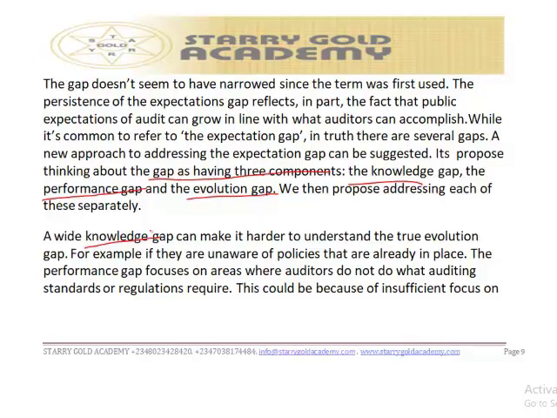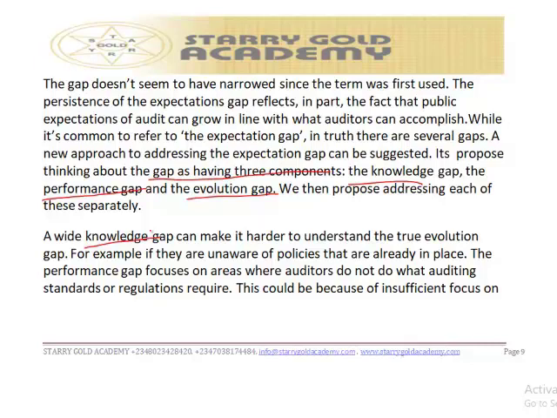Now, a performance gap actually focuses on areas where auditors do not do what the auditing standard or regulation requires. And this usually leads to auditors' liability in most cases, because these particular standards or regulations have told the auditor to do this, but the auditor has not done this, probably is not aware. So the auditor has not done what the standard or the regulations have actually required, and as such a performance gap could occur.